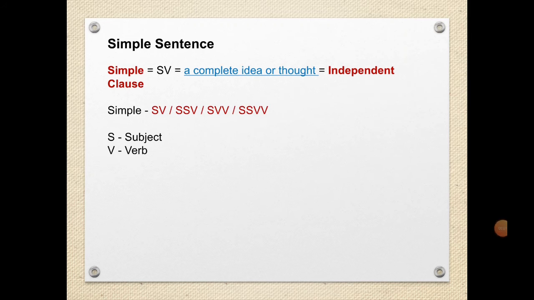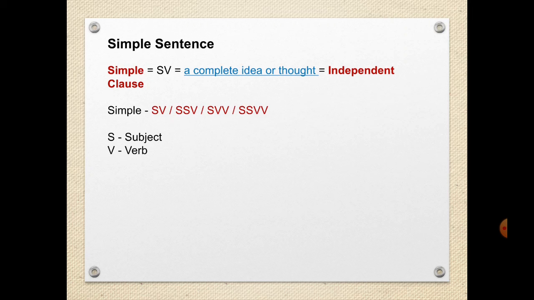All right. So this is what I said just now about the simple summary or the basic formula to construct a simple sentence. Simple sentence is equal to subject and a verb.